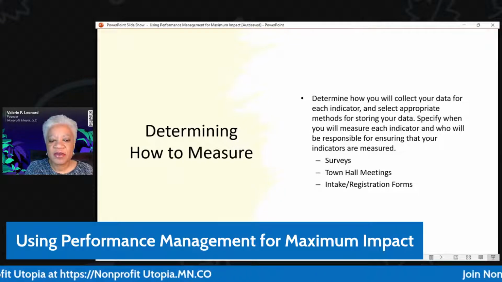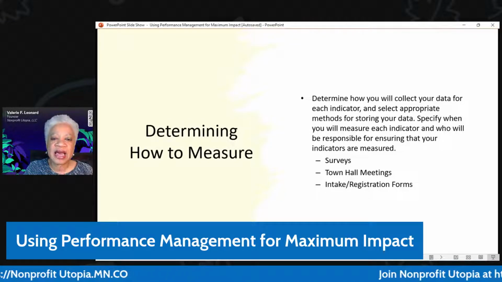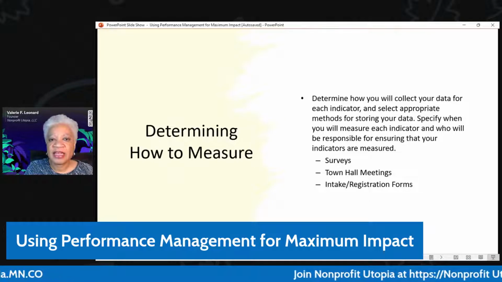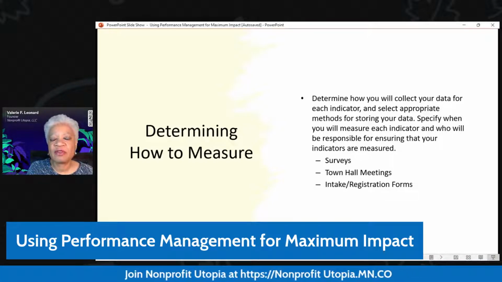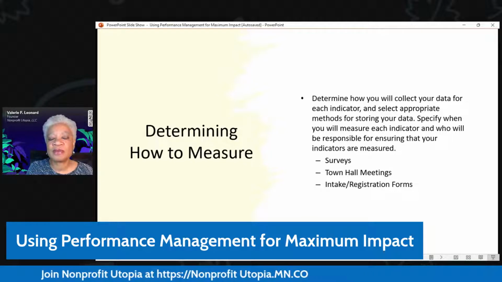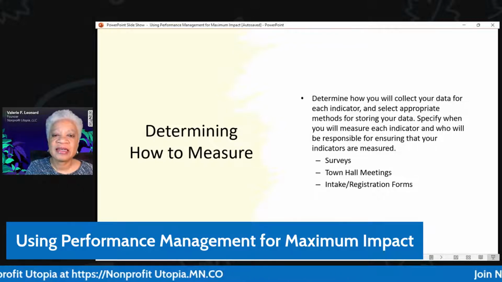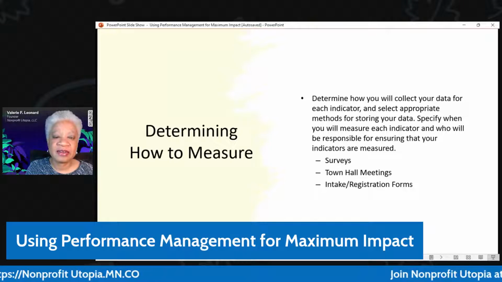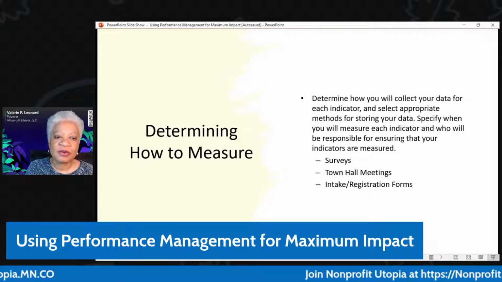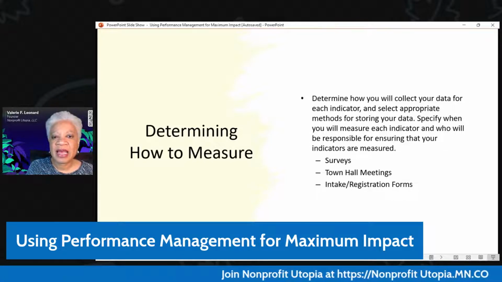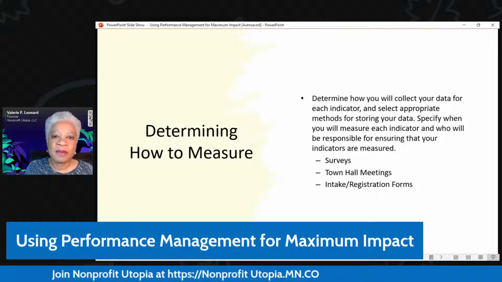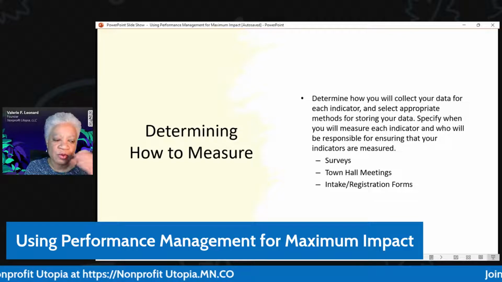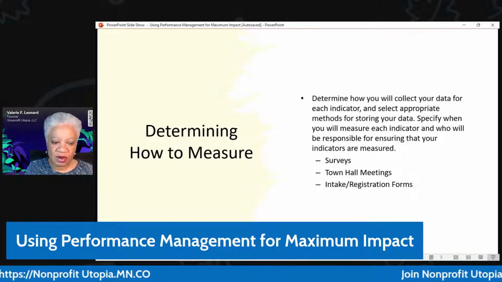All right, so next we determine how to measure, and you already have a number of data points at your fingertips. And if you have not started collecting the data, you need to identify what data you're going to collect. But after you do that, you have to determine how you're going to measure your progress, right?